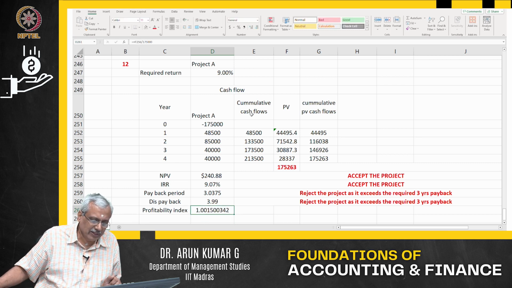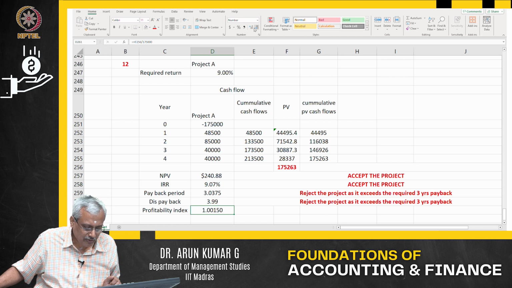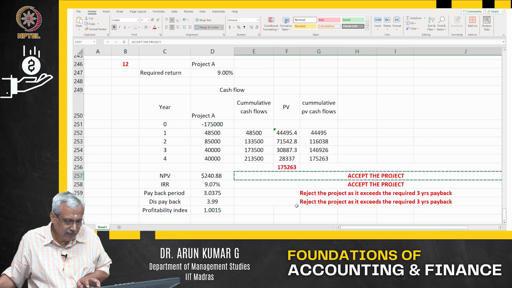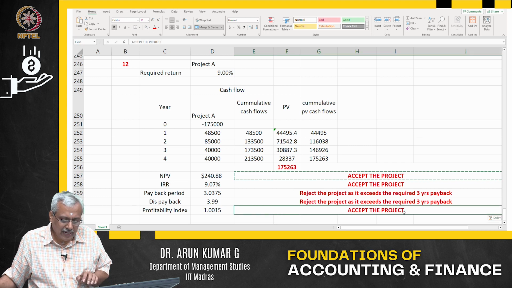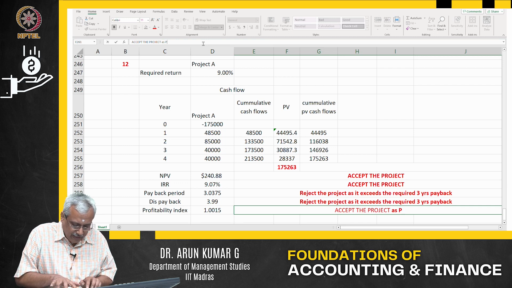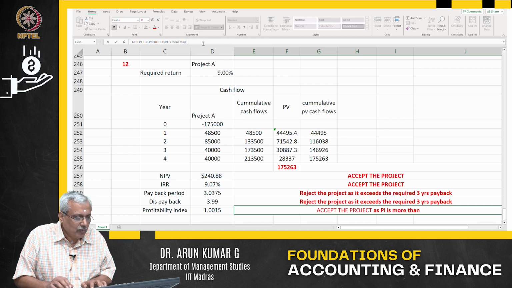The present value of the cash flows is more than 1. So accept the project, as PI is more than 1.